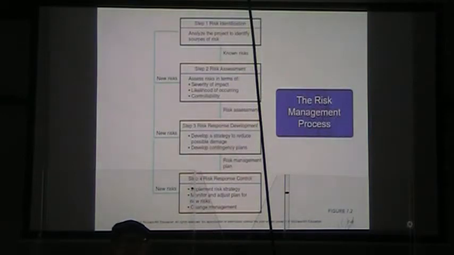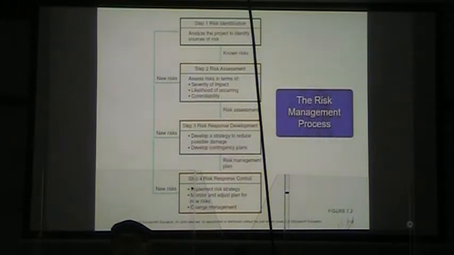Will our team be able to stay on time and within budget as we do this project? All right, so those known risks now come down to our next step, which is risk assessment.